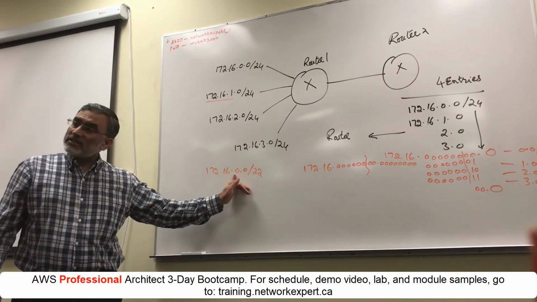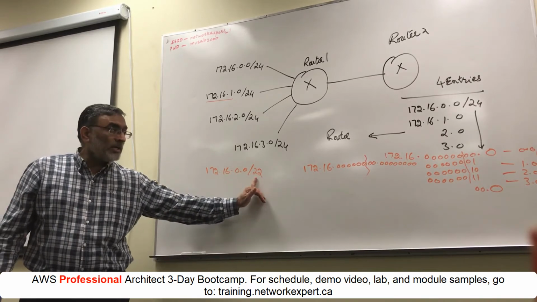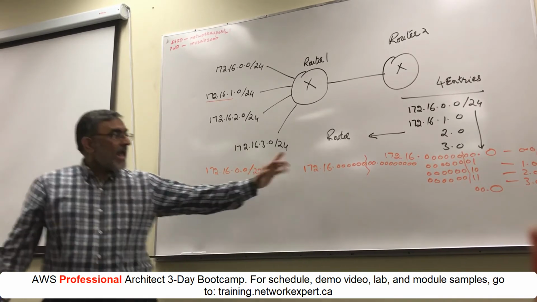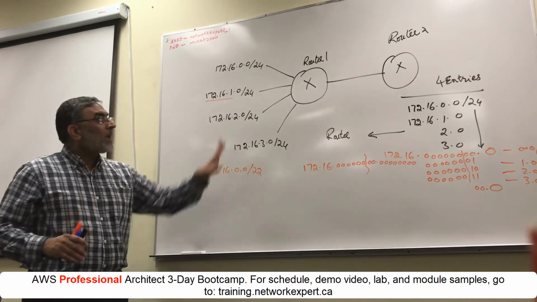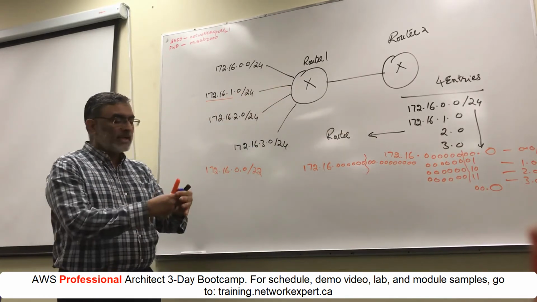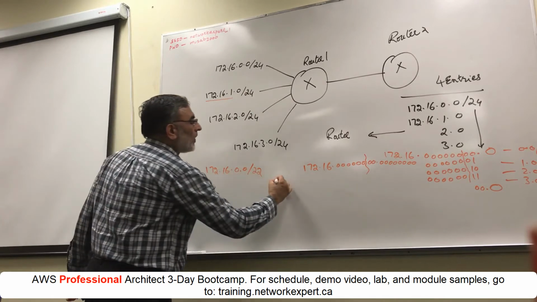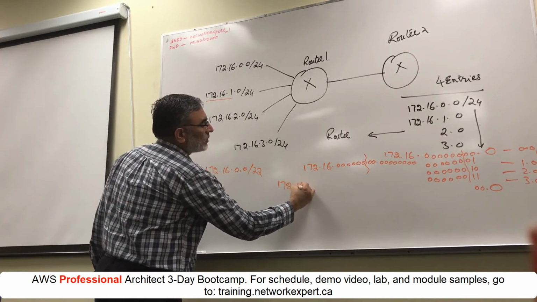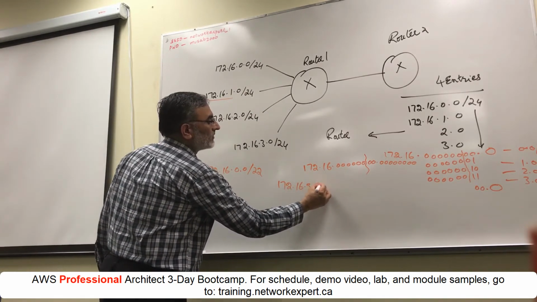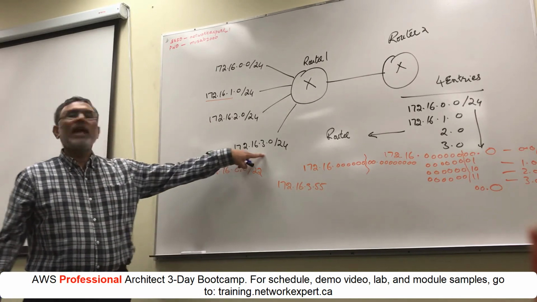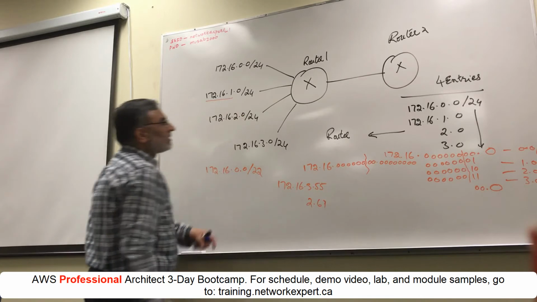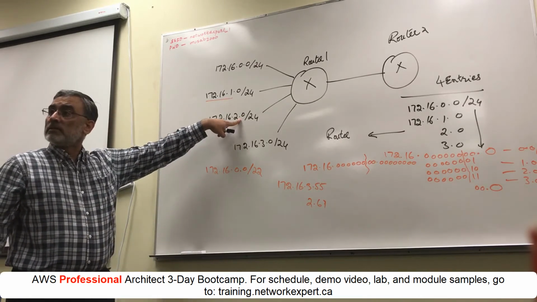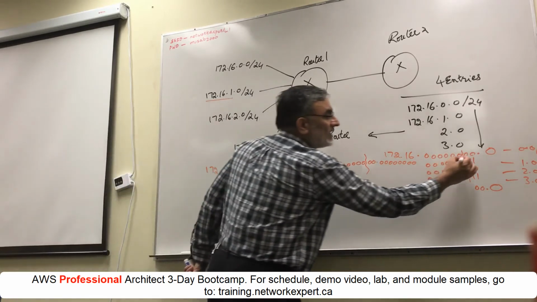Practically, we are sending the common bits, up to 22 common bits, and for the rest, everything we have on our side. Why? Because if router 2 sends me, let's suppose, one packet with the destination 172.16.3.55, I will have it. It sends me 2.69, I have it.